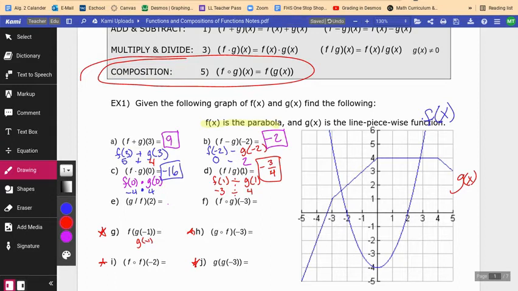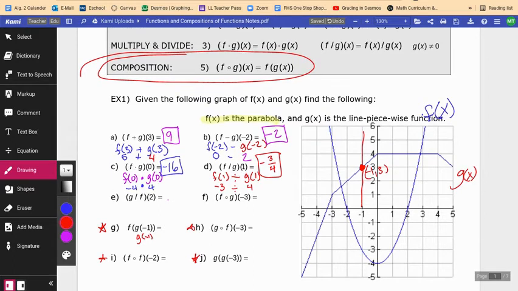So at negative 1, where does this intersect g of x? So it's at negative 1 comma 3. So g of negative 1 has a value of 3. Okay, so once I find that, now my job is to find f of 3.